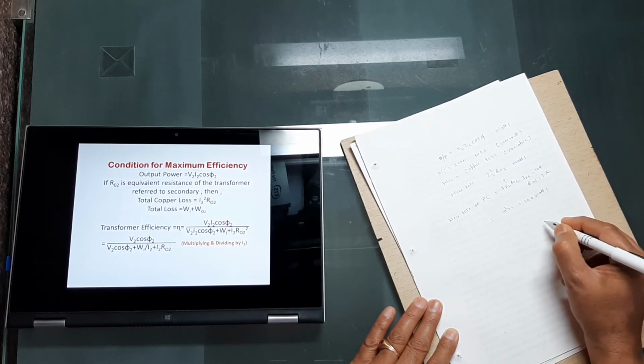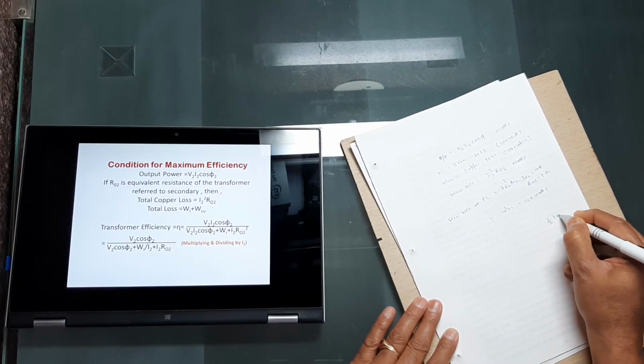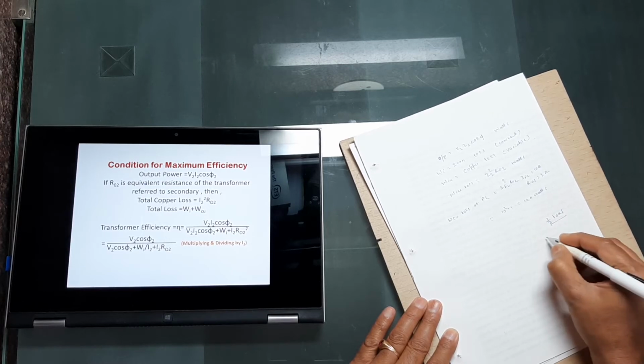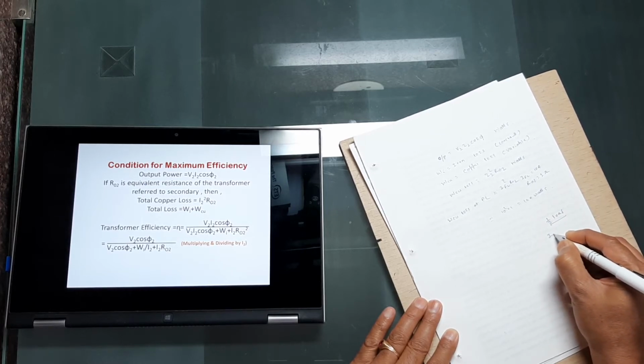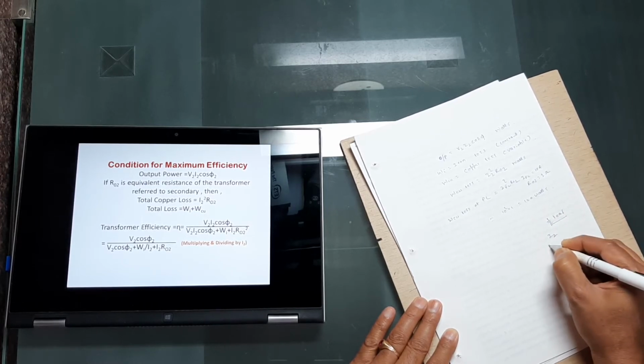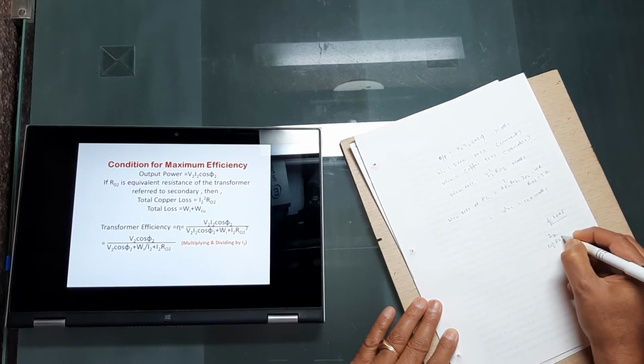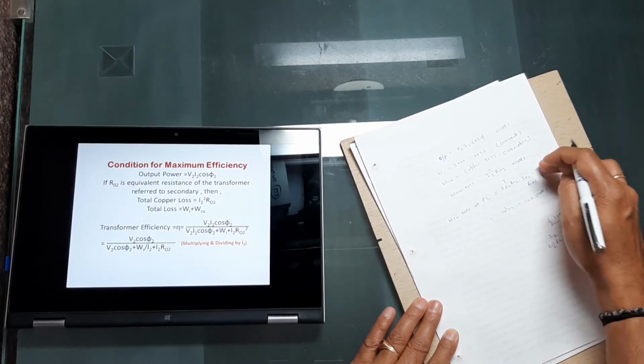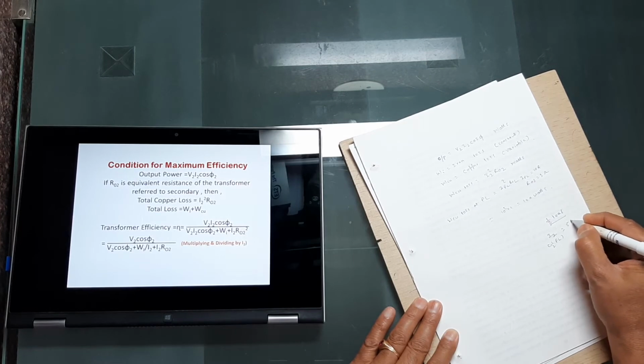Now, for half load, what is the current? The full load current is 10 amperes, so half full load is 5 amperes.